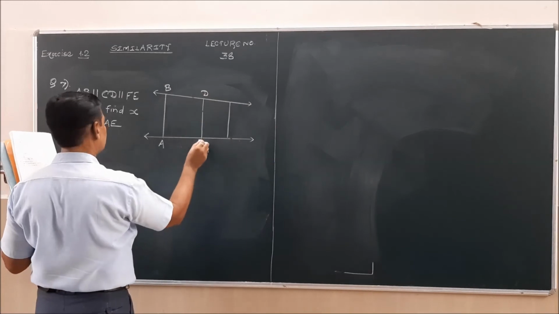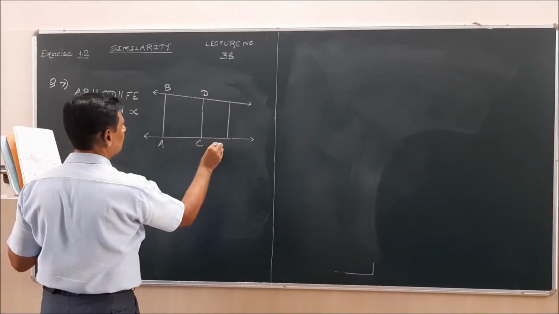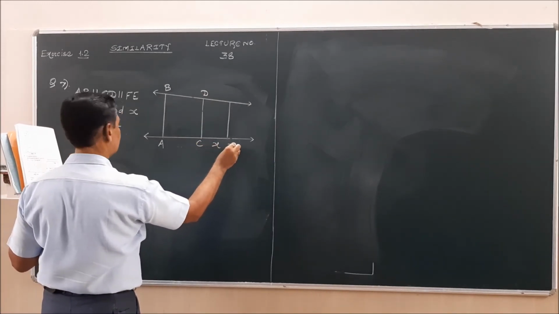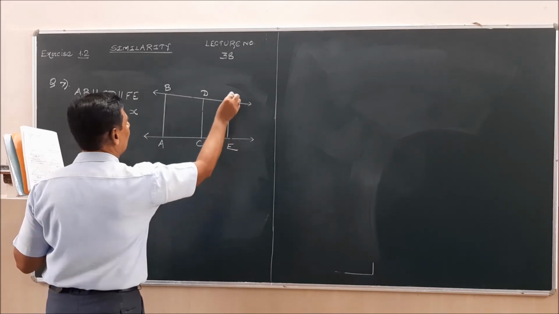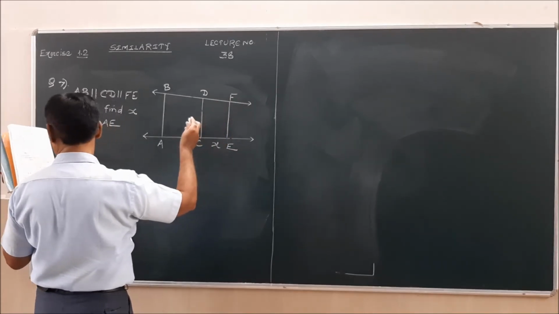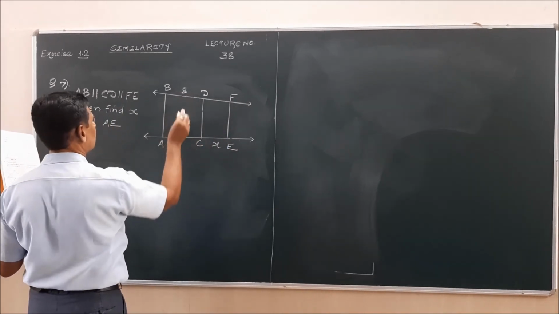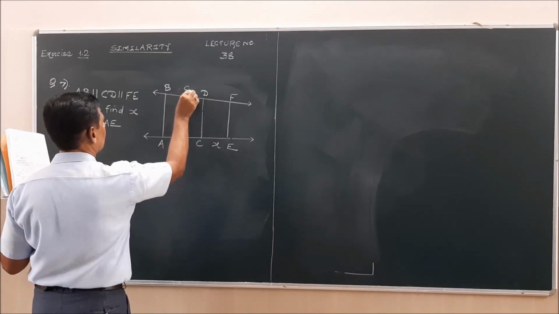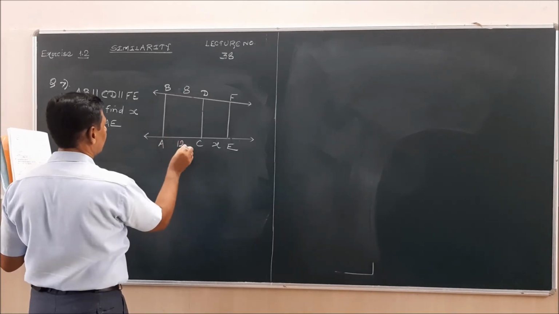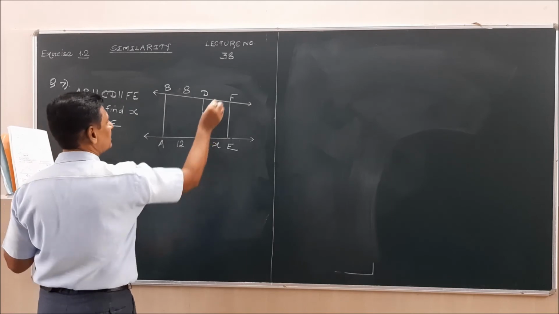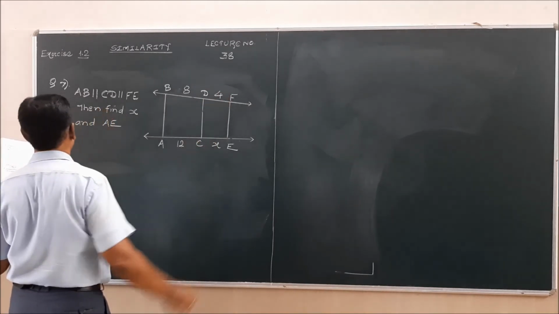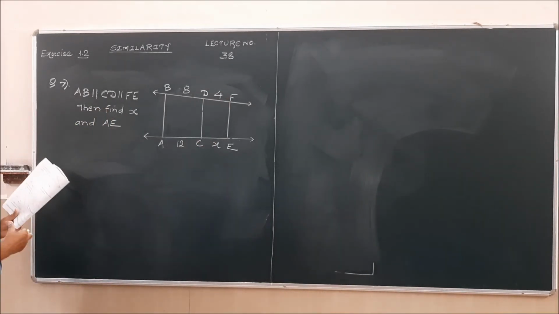Here there is point D, C, X, E and F. 8, 12, X, 4. Okay. Now find out X as well as A.